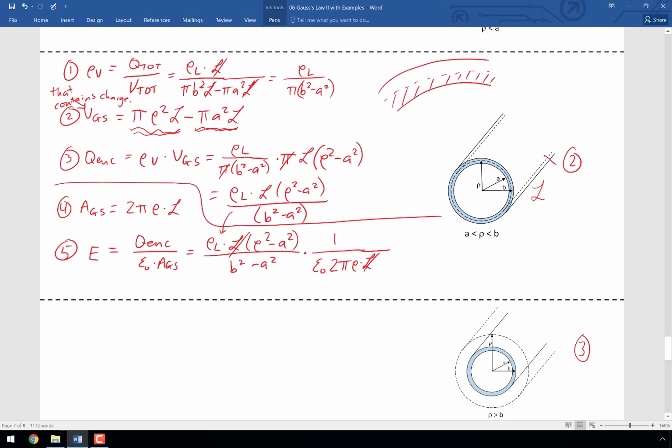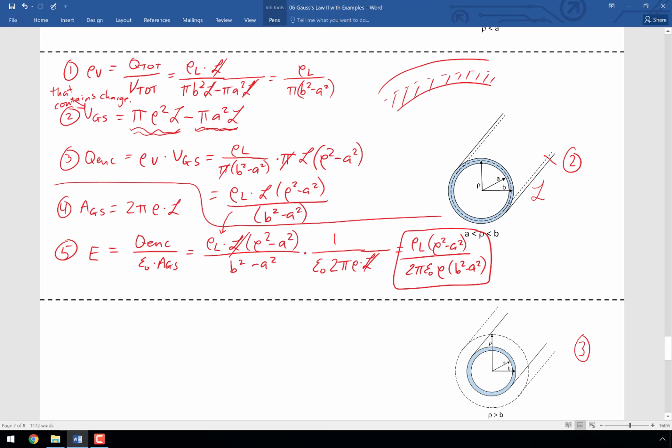That's always good news. And nothing else cancels. So I'm left with rho sub L times rho squared minus A squared divided by 2 pi epsilon 0 times rho times B squared minus A squared.